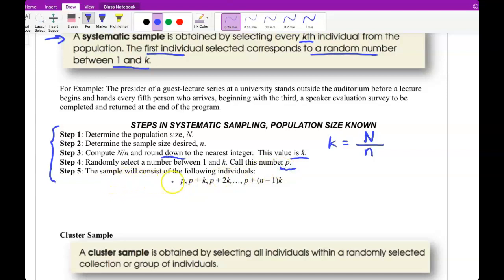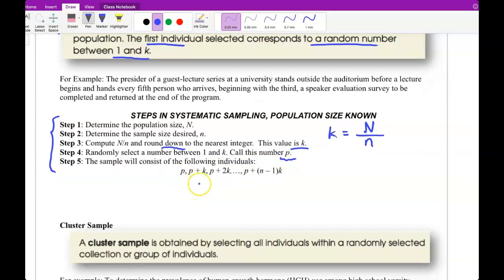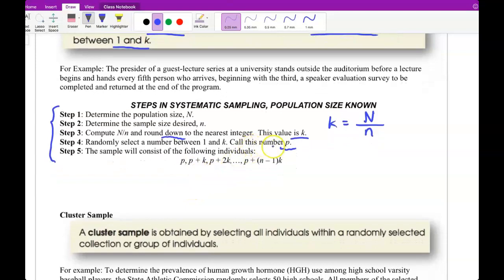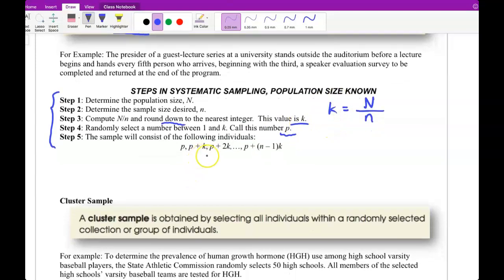The sample will consist of the following individuals. The first number that we're choosing is between 1 and k, so the first one is p. The next one is p plus k, moving based on what k is. Then the next one is p plus 2k, in other words p plus k plus again k.